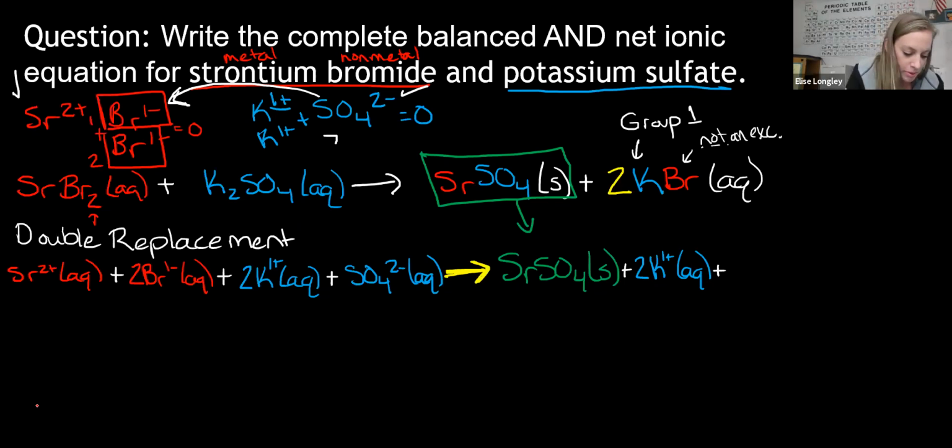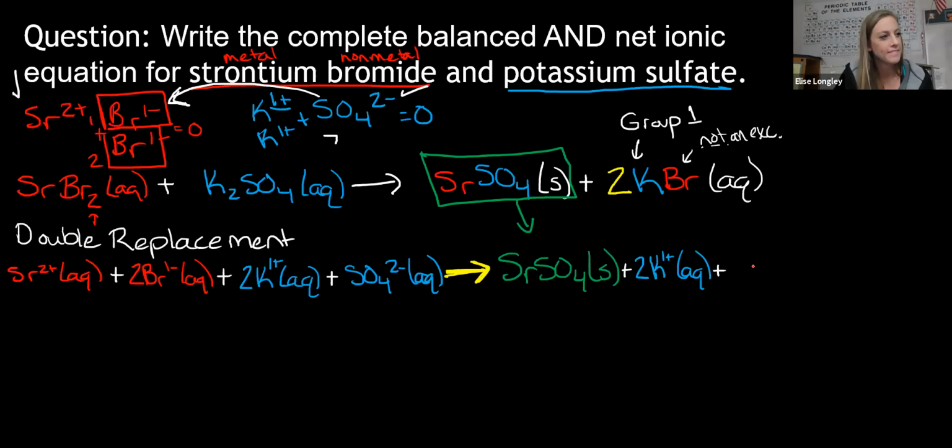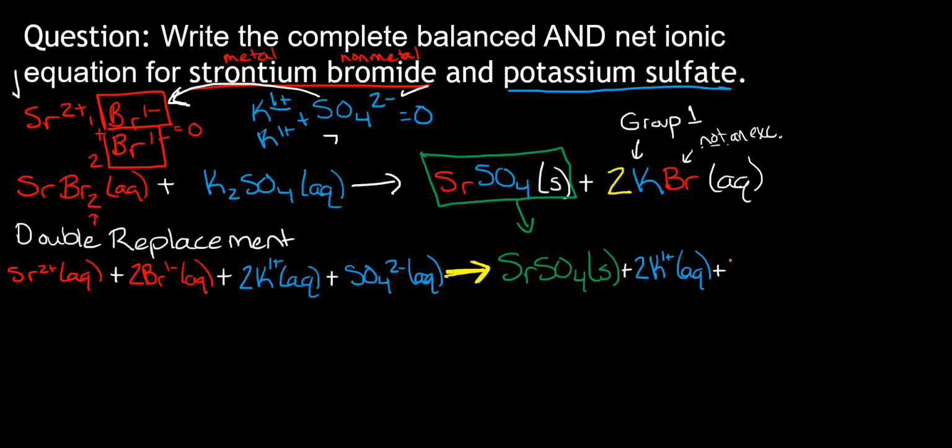And then what do I put last? Samir, you're up. What do I put last? We have one thing left to go. Finish it for me. Oh, you have to put bromide. But it has to be balanced, so it has to be 2 bromide, 1- aqueous because it's dissolved.